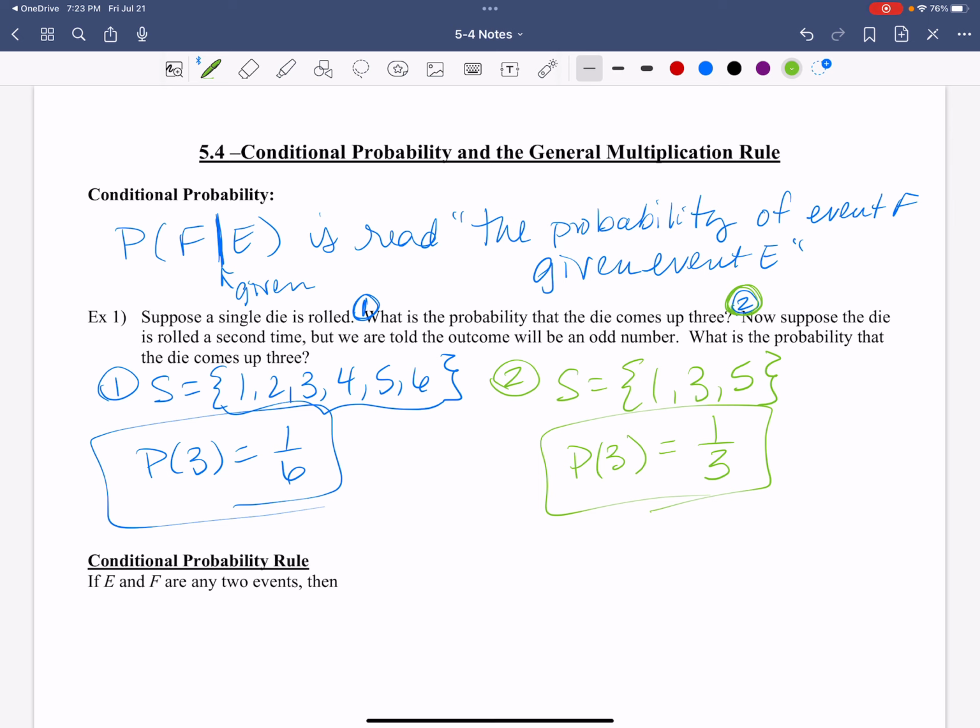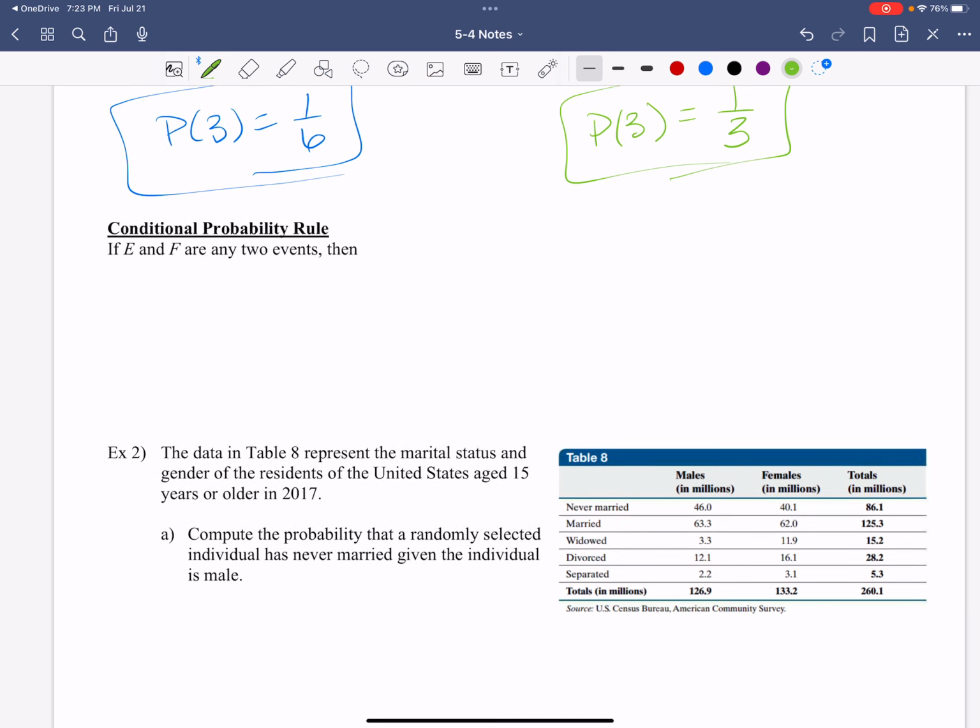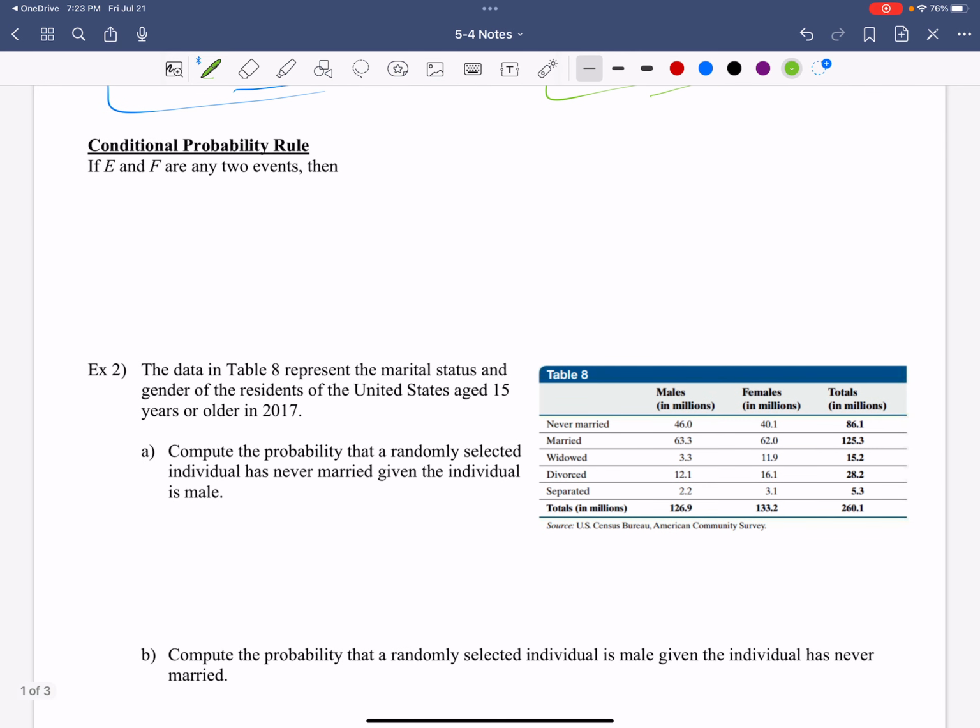Now, when we're looking at these different rules, we can have a conditional probability that something's going to happen. So we have the conditional probability rule.